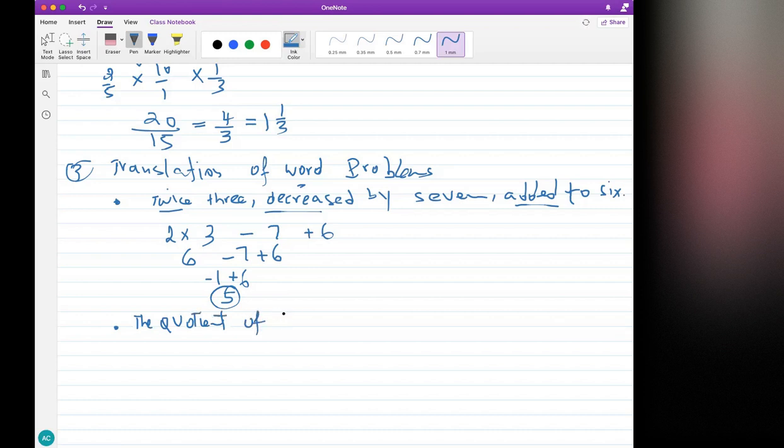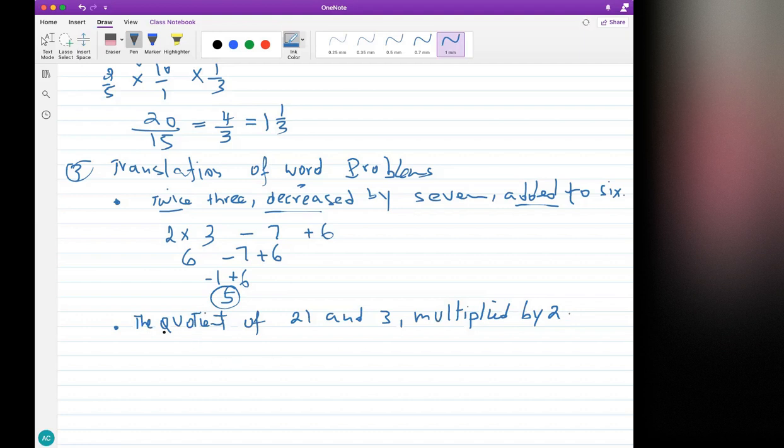Quotient of 21 and 3 multiplied by 2. All right, so let's translate this together.